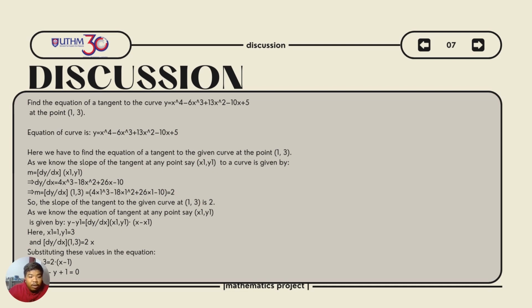So here x1 equals 1, y1 equals 3. Substituting these values in the equation, y subtract 3 equals 2 multiplied by x subtract 1, and lastly you get 2x subtract y plus 1 equals 0.